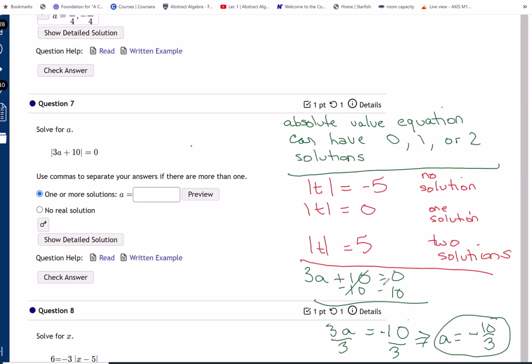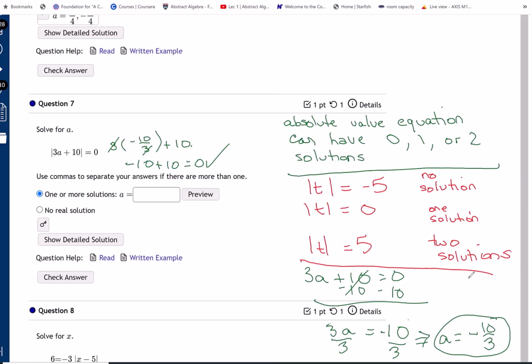If we put that in for a, we'll get 3 times -10/3 plus 10. I cancel the 3's. I get -10 plus 10, which equals 0. Check. I don't have a positive and negative of the a.